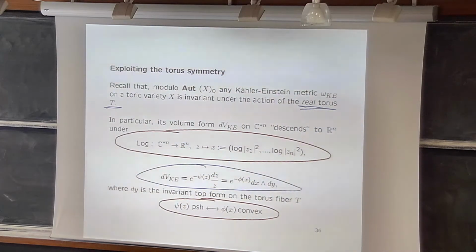Because I can just factor out, so let x be the logarithmic coordinate living in Rn, and I factor out the volume form along the torus fibers. Then I can identify this volume form with e to the minus psi, where a priori psi of z is a plurisubharmonic function. The weight now becomes a convex function on Rn. So it means that in this classical dictionary, plurisubharmonic and torus invariant just corresponds to convex, as you know, in Rn. So that's very good.